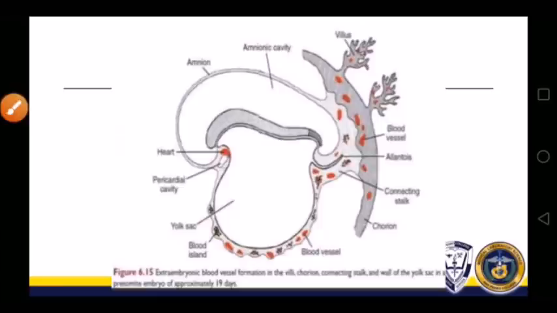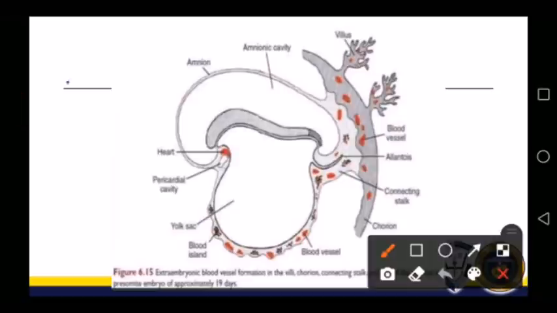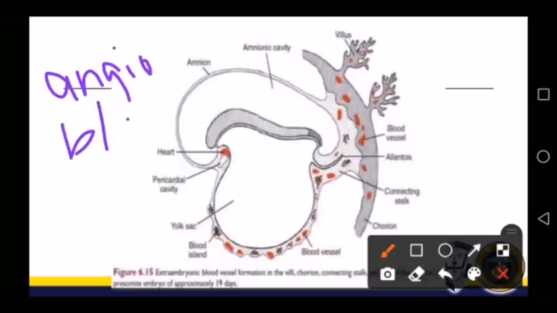The area of the yolk sac surrounded by angioblasts is termed the blood island of the yolk sac. So, what are angioblasts? Angioblasts, spelled ANGIOBLAST, are the cells that will in the future become blood vessels.